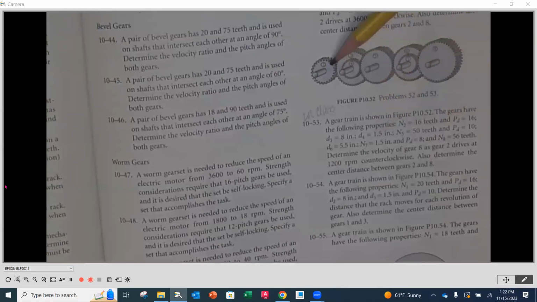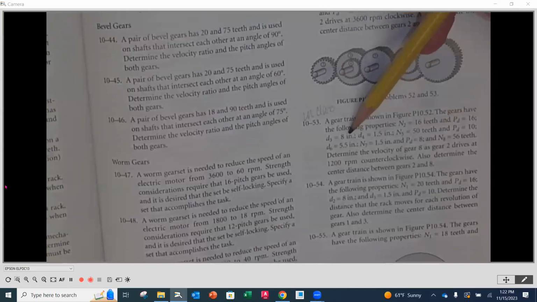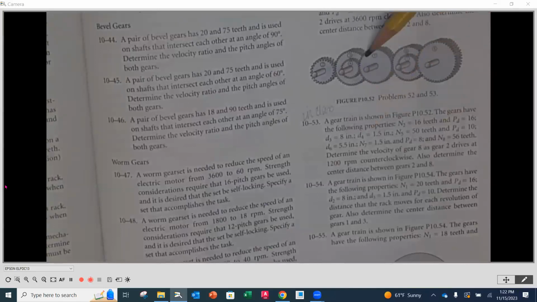Notice that 2 is in engagement with number 3, and they're giving us the pitch diameter of number 3 only. Then number 4 is engaged with number 5. Number 4 has a pitch diameter of 1.5 inches, and number 5 has 50 teeth and a diametral pitch of 10. That means a diametral pitch of 10 is on 4 as well.